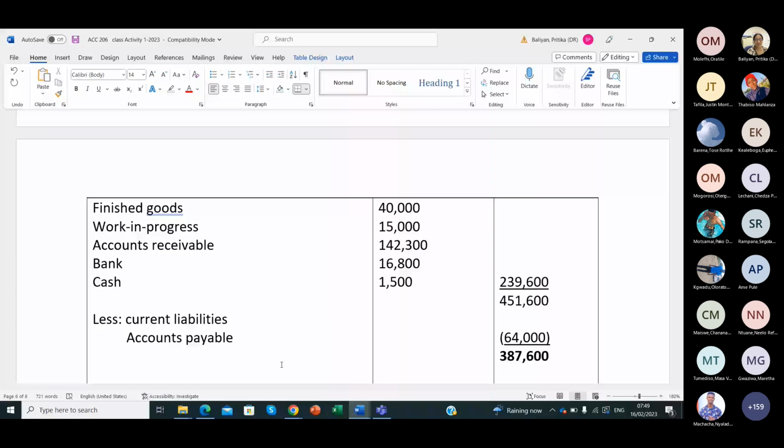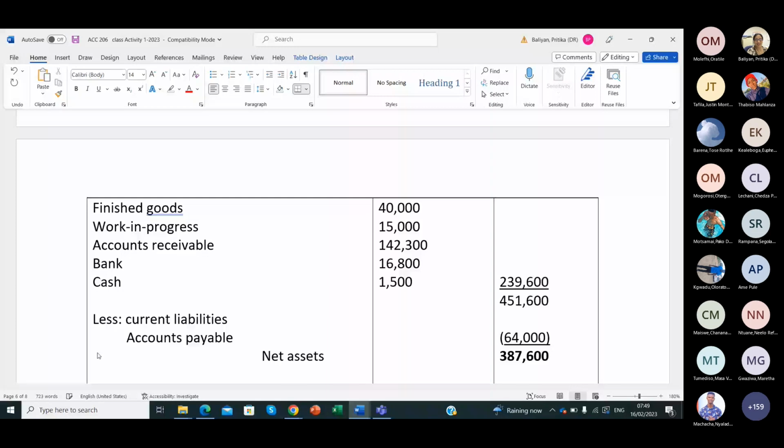But for this exercise, we only have account payable, given in the question as 64,000. That current liability we will subtract from total assets. 451,600 minus 64,000. So once you subtract, your net asset will be 387,600. This is the amount of net assets.